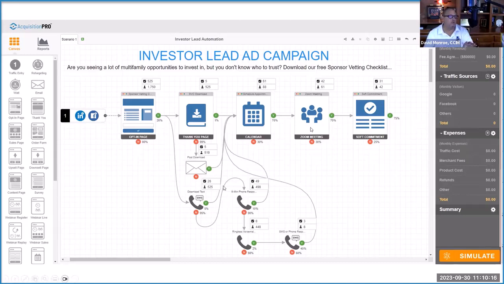Within the first 5 minutes, if after 3 minutes the lead, because they're now a lead, does not respond, then you can receive a phone call from Acquisition Pro that says a lead just requested to download your sponsor vetting checklist.